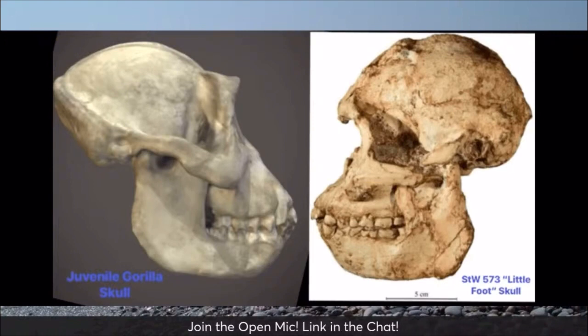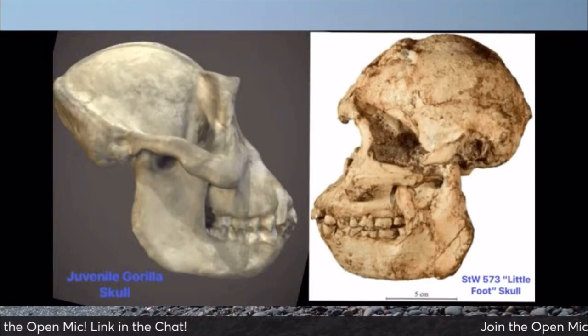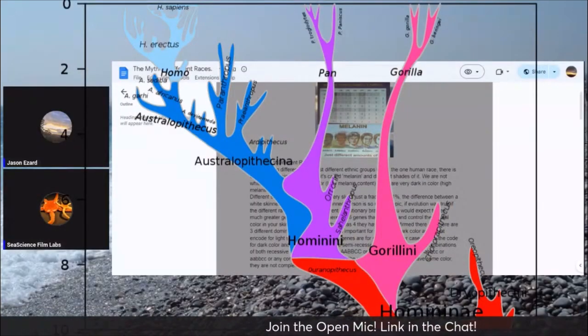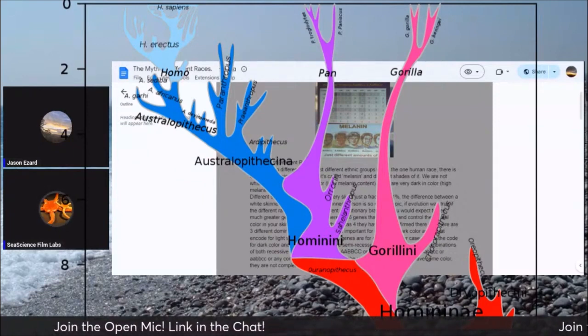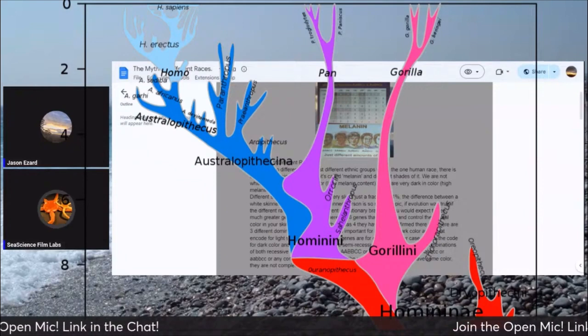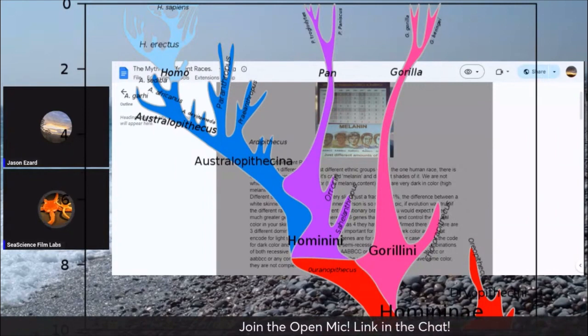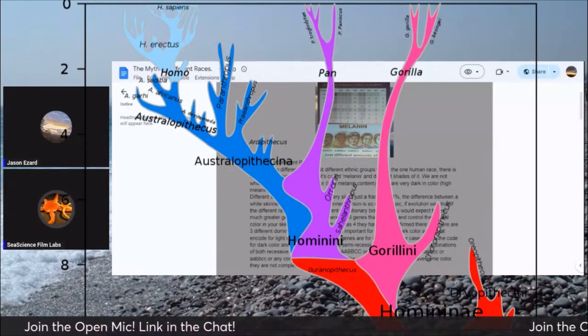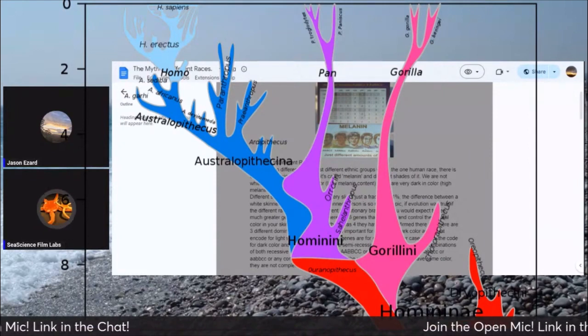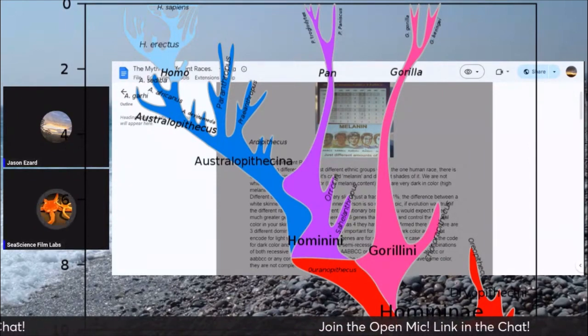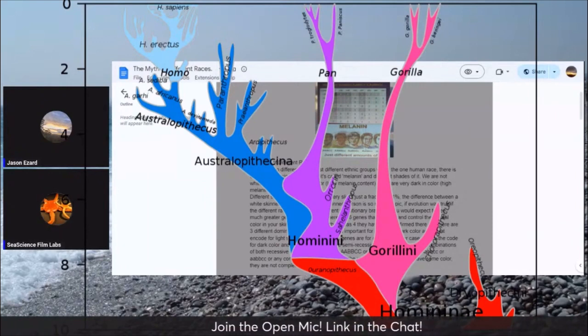So you tell me how this could possibly fit into the same theory, for the concept that humans came out of this branch, and then this is supposed to be somewhere on the Australopithecine, on this darker blue colored branch here, when really it would look like something that would be a branch off of the gorilla, the pink, just because of the features of the head.